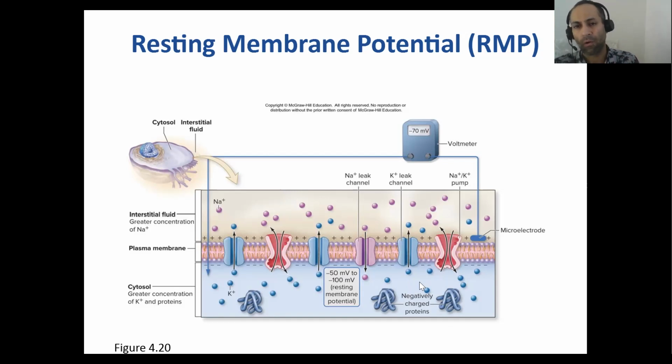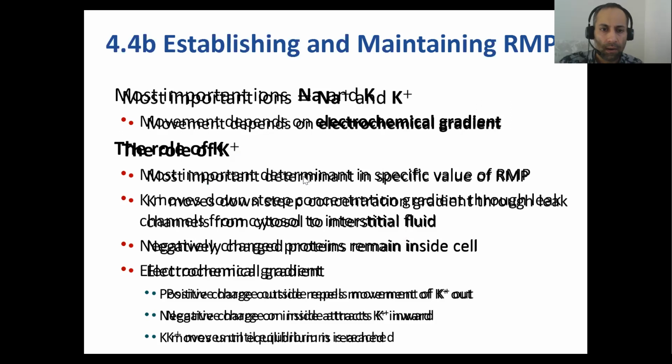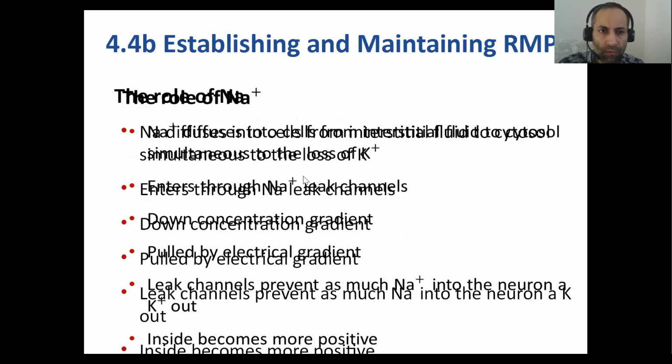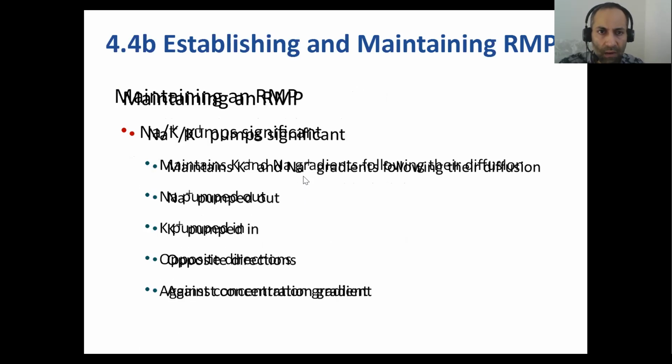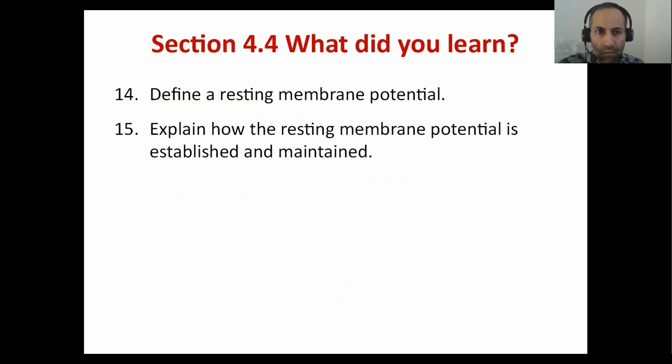So remember, sodium moving in, inside becoming more positive, is depolarization, and potassium moving out, inside becoming more negative, is repolarization. That's the role of potassium and sodium ions in the resting membrane potential. So what is resting membrane potential? The electrical voltage across your cell membrane under resting conditions, which is about negative 70 millivolts.